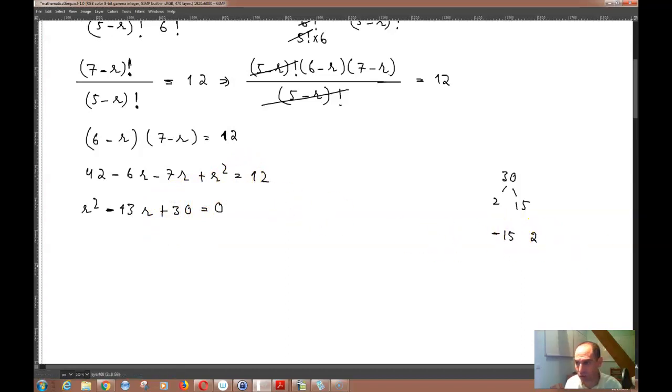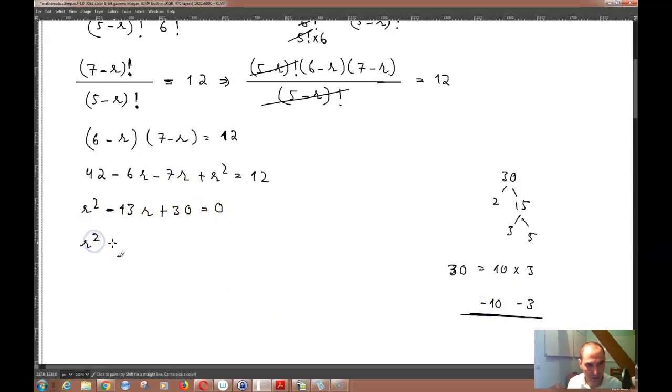So I need to keep going. So that's 3 times 5, 6 and 5, 11, 10 and 3. So I can write 30 as 10 times 3. So that means that negative 10 and negative 3, if you add them together, you'll get negative 13. Multiply them together, you'll get positive 30. So that's the two numbers that you need.